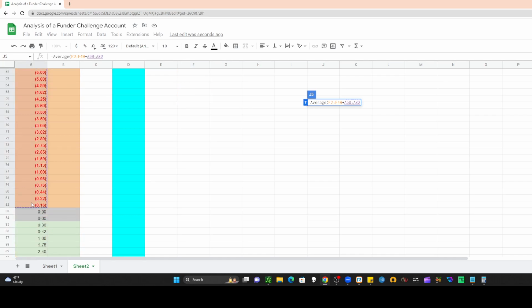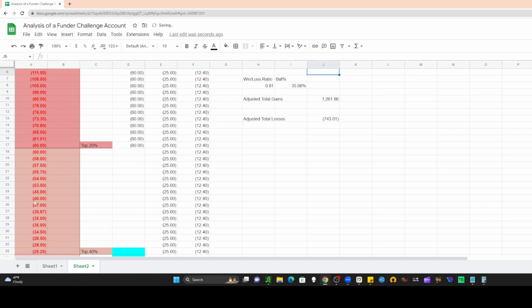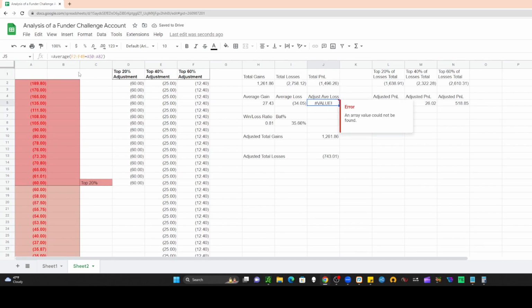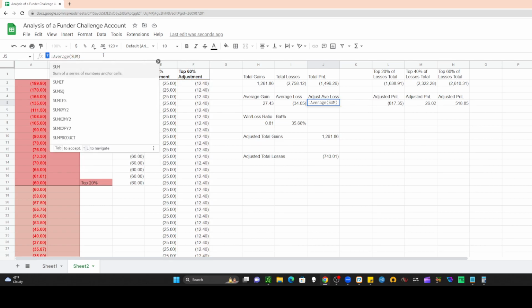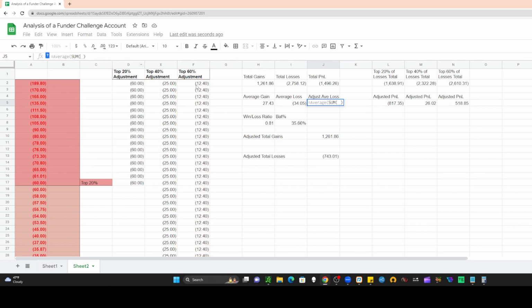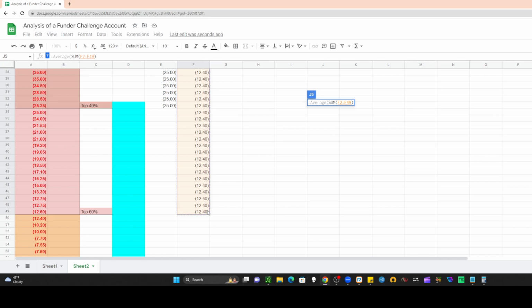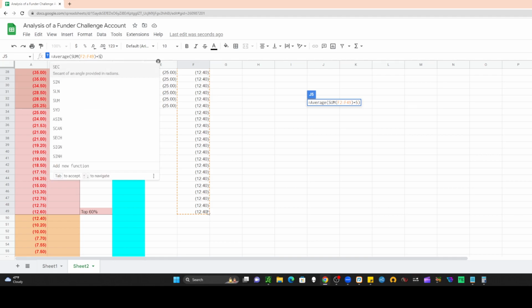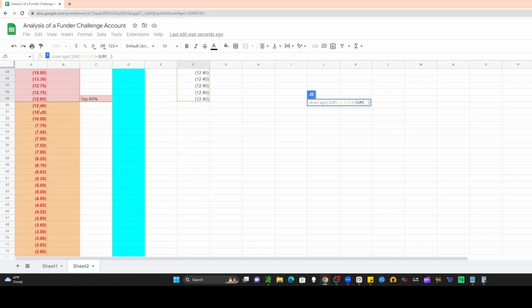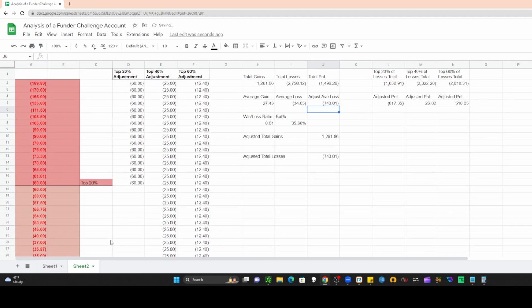It may give me an error on the formula in a second. Yeah, it did. Okay, so let me just do it this way. So I'll do average of sum, this might not work, plus sum. I don't think this is going to work exactly right, but let's find out. Yeah, it didn't work.